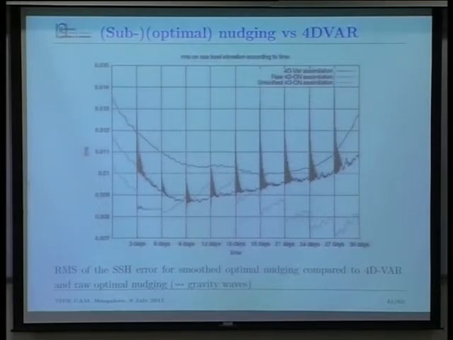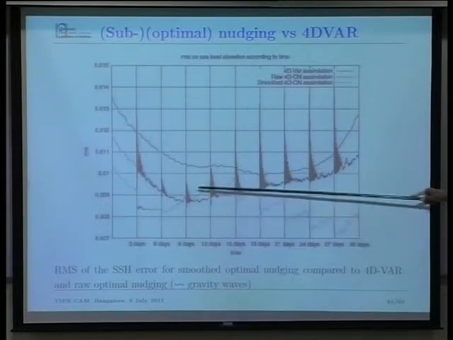So here you can see the evolution of the RMS error on the SSH, for the 4D VAR, the optimal nudging and the smooth optimal nudging.